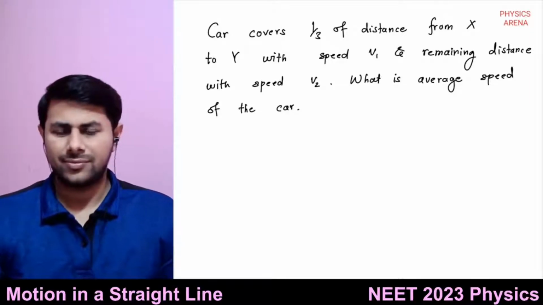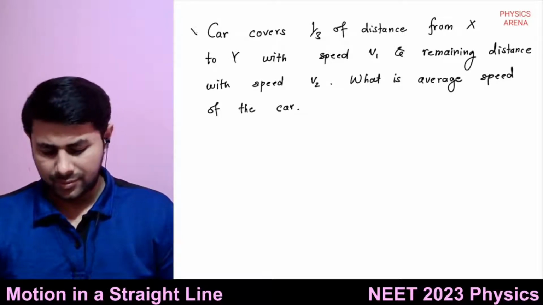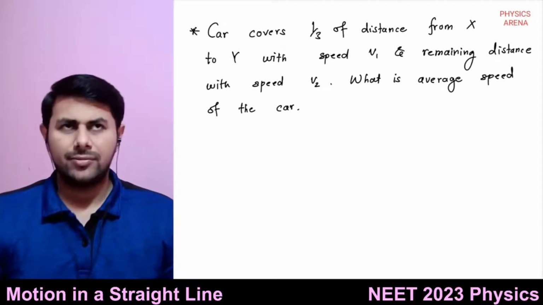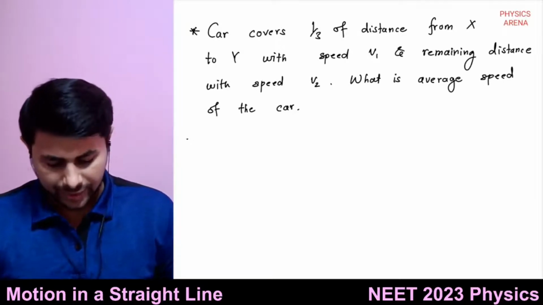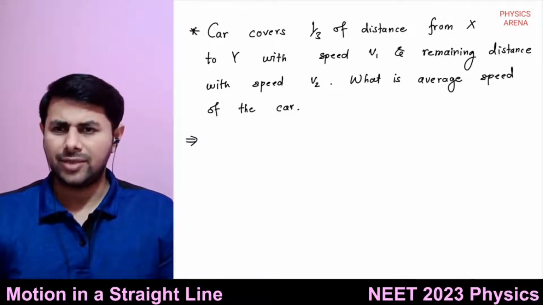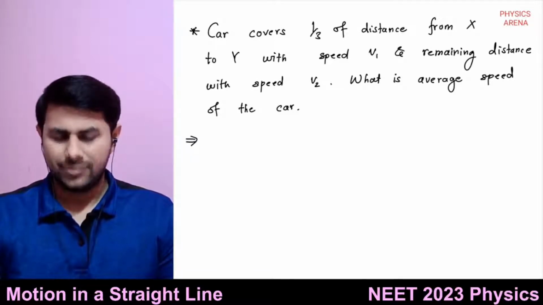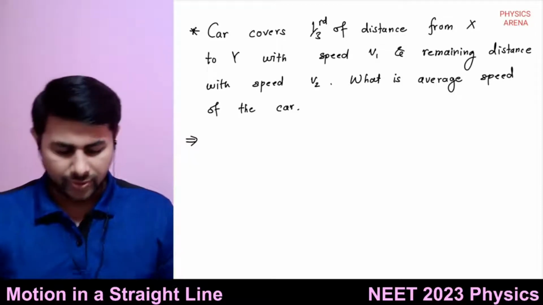No. 3V1 V2 by V2 plus 3V1? No, why are you saying 3V1 V2 divided by 3V2 plus 3V1? Okay, so it has to be 1/3.